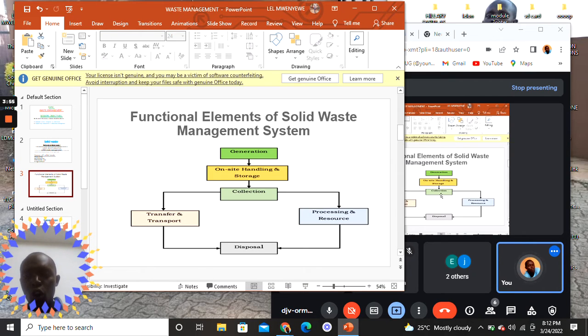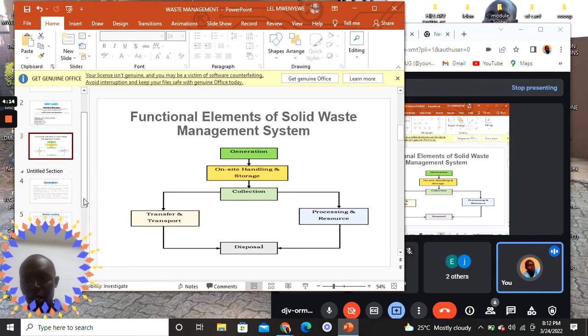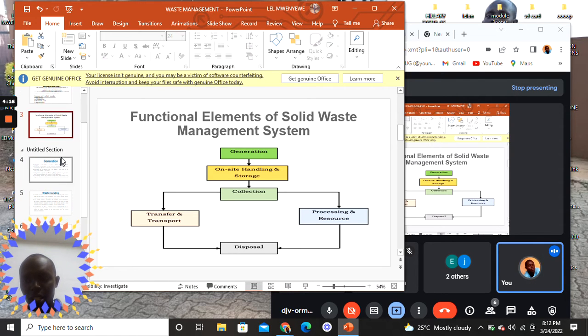Then we go to on-site handling and storage. The third stage is collection. Then we have processing and resource recovery, then transfer and transport. Then the final step is disposal. We shall look at each step in detail. And the first one is generation.